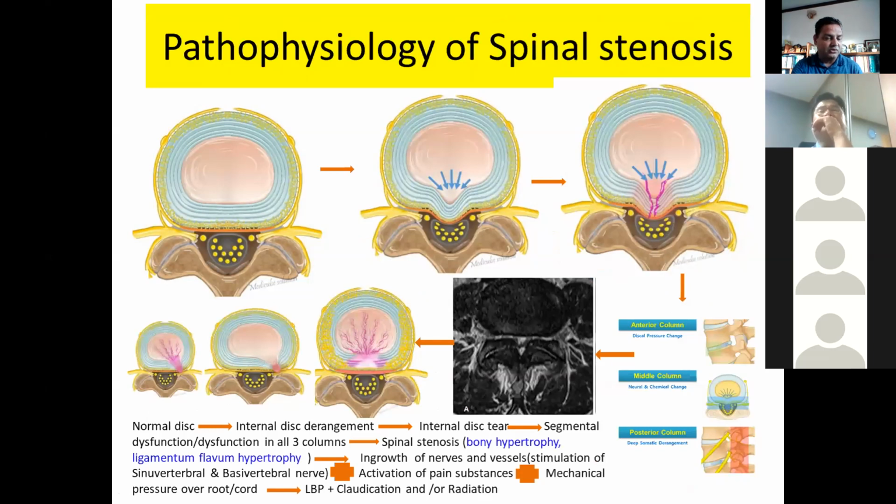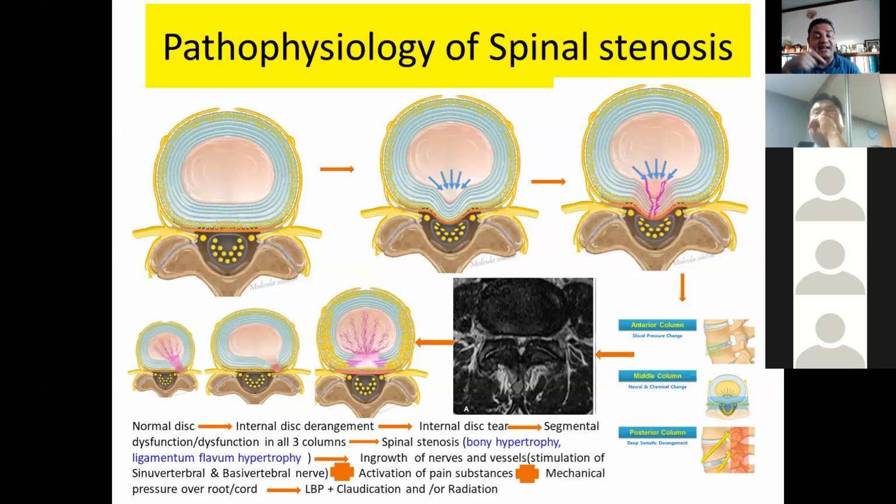And when you talk about the pathophysiology of spinal stenosis, the first insult is the same. There is an internal disc derangement, and that leads to an internal disc tear, and that tear leads to segmental dysfunction in all three columns that I described: anterior column, middle column, and posterior column. That leads to the stenosis by bony hypertrophy, ligamentum flavum hypertrophy, and slackening of the discs.